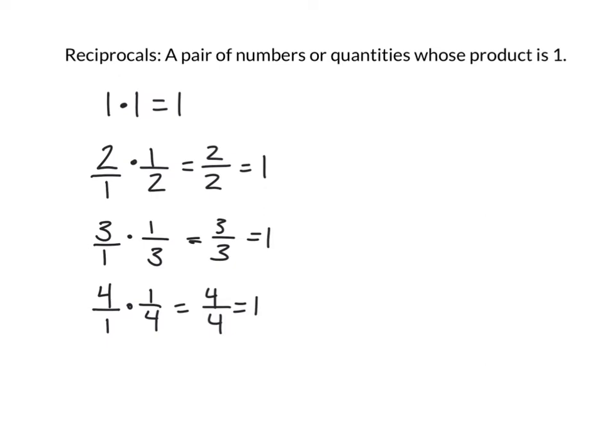But what if we have something like 4/5? 4/5 times some number has to equal 1. Well, we can't just do it over 1, or 1 over that number.